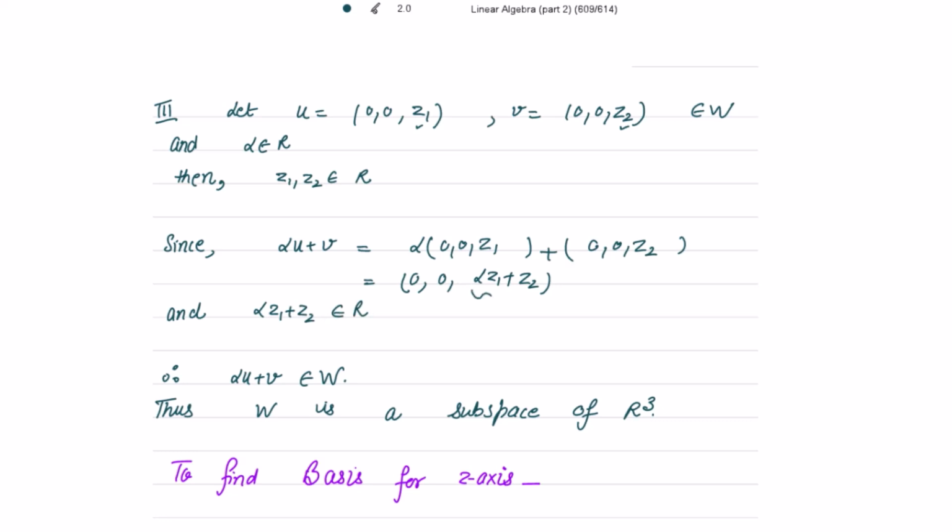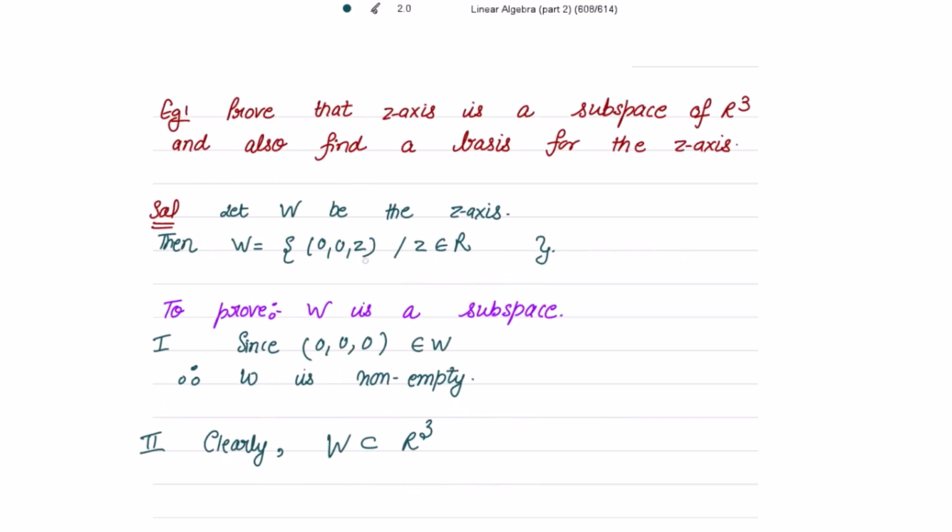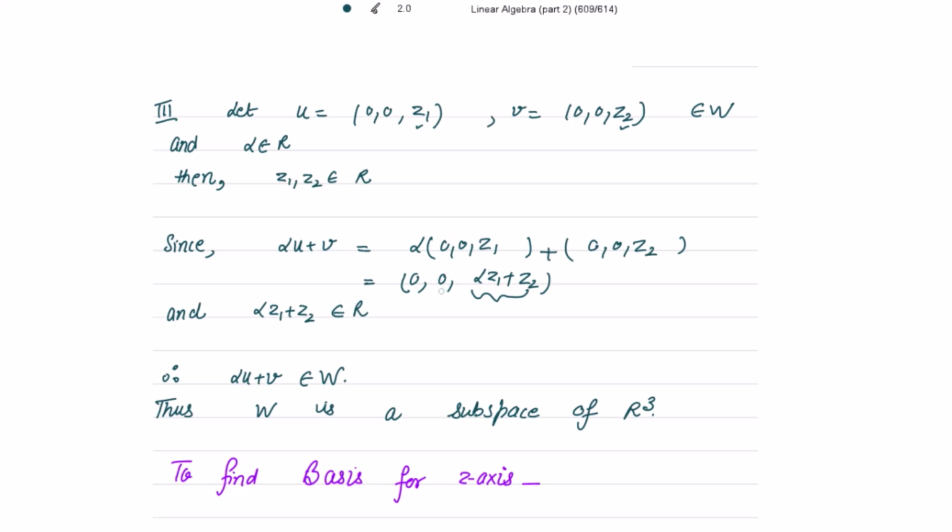And whenever this third coordinate, alpha z1 plus z2, belongs to R, and I already have 0 in the first coordinate, and in the second there is also 0, and the third value belongs to R, this complete element belongs to W according to the definition of W. (0, 0, z) should be such that the whole z belongs to the real numbers, and we have proved that 0, 0 is already there, and this complete alpha z1 plus z2 belongs to R, right?